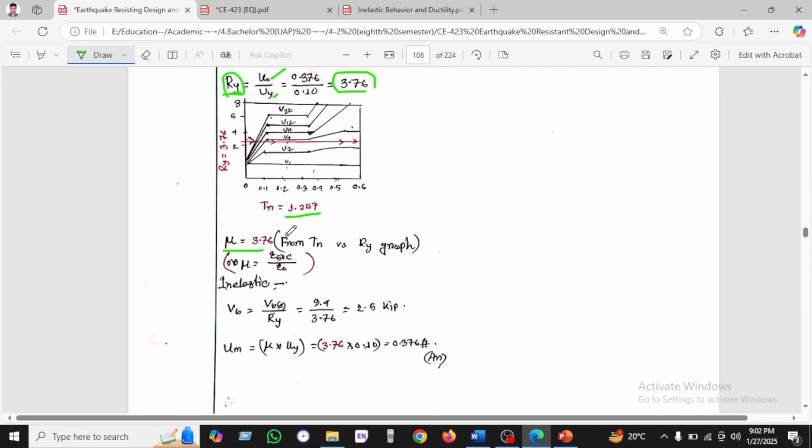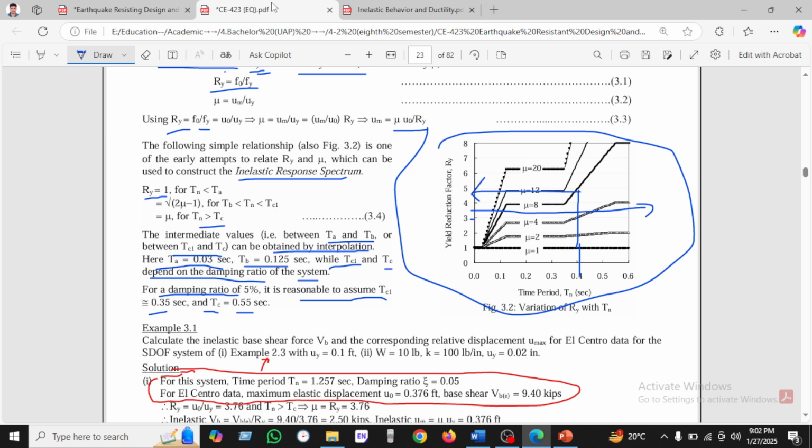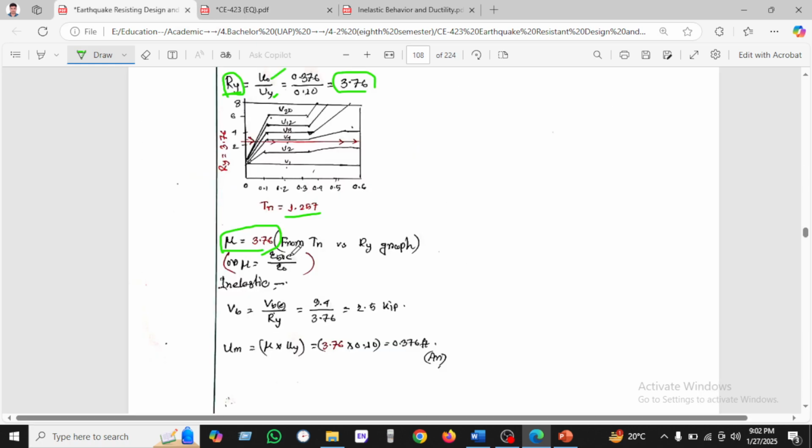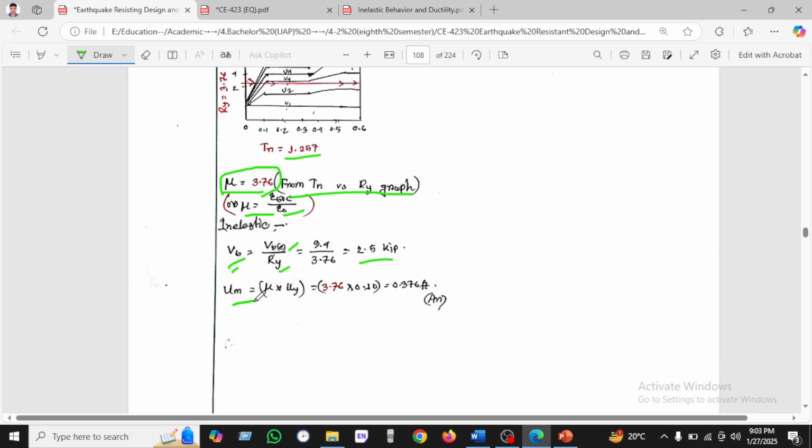In this way we found the mu value 3.76 from the Tn versus Ry graph. So base shear will be base shear Vc divided by Ry and is found to be 2.5 kip, and um equal to mu times uy, which is 3.75 times 0.375 feet.